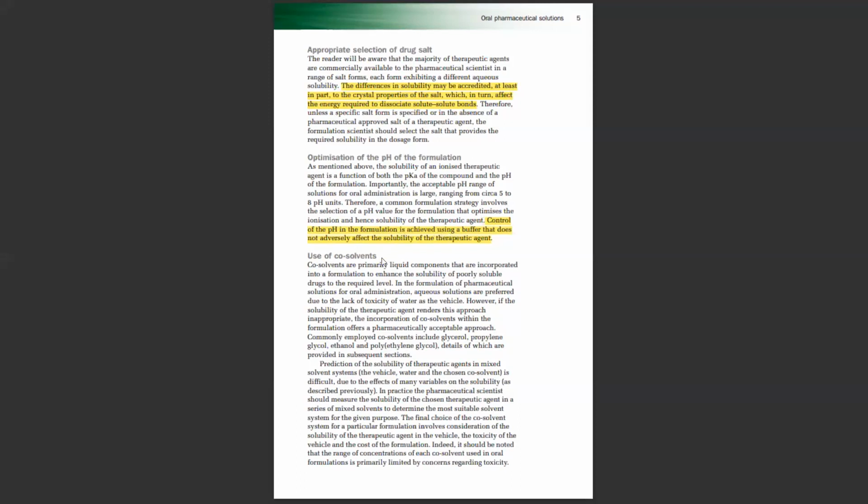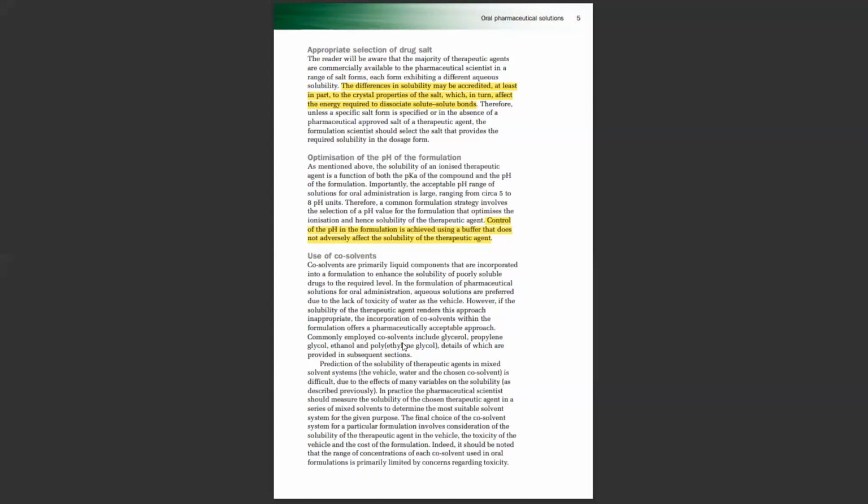Another method is use of co-solvents. Co-solvents are liquid components which you can incorporate into a formulation, and they enhance the solubility of compounds that are initially insoluble to a more acceptable solubility level that you're looking for.